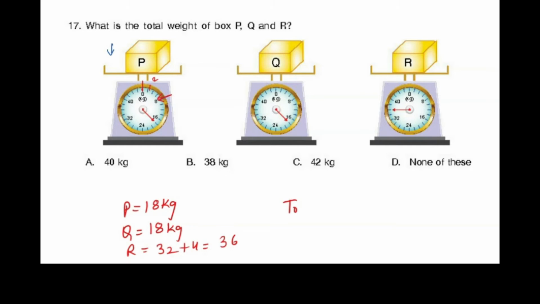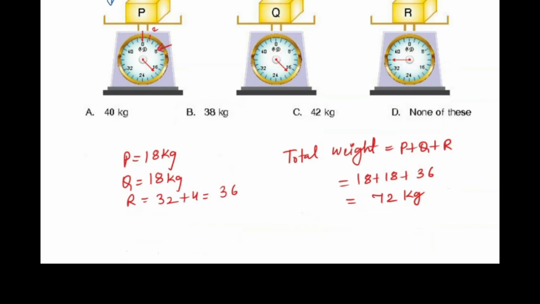Total weight, that means P plus Q plus R, will be 18 plus 18 plus 36. So 18 plus 18 plus 36 will be 72 kg. But 72 is not given here, so we will select option D.